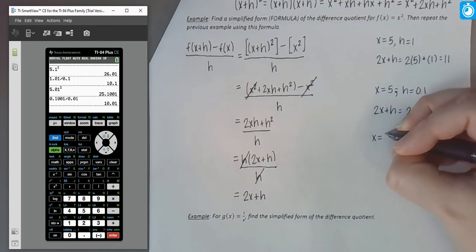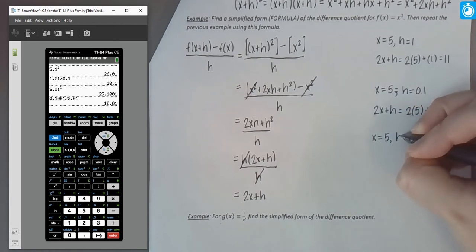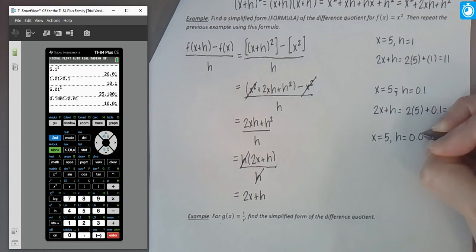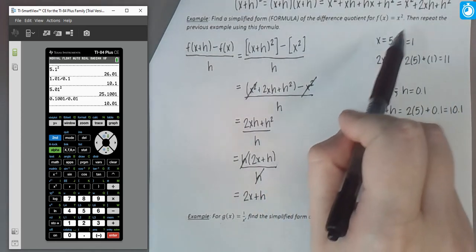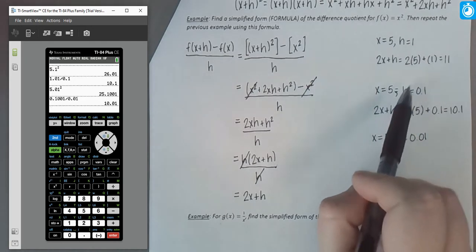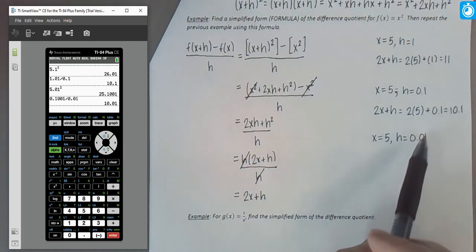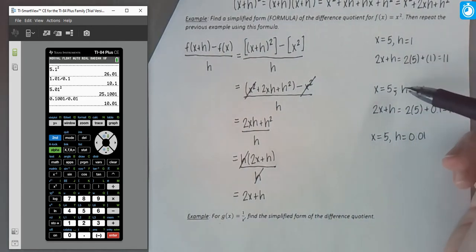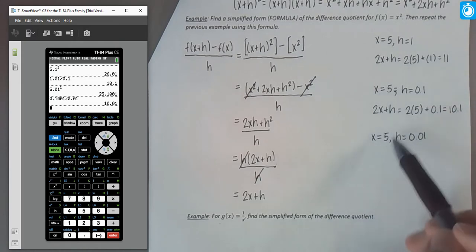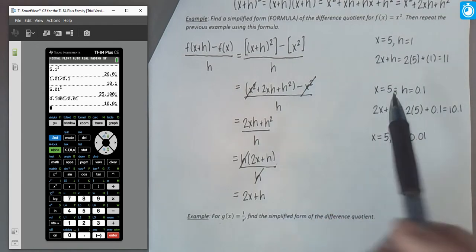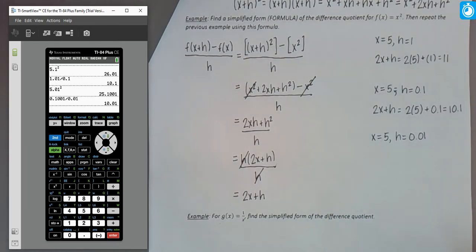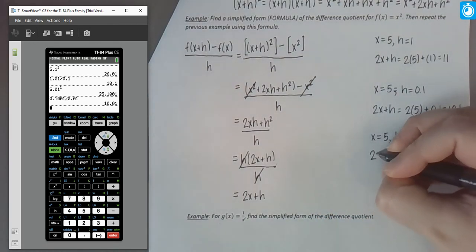And then the final pair was x is equal to 5, and then h is equal to 0.01. So again, the idea was traveling a distance of 1 unit, then traveling a little bit shorter distance, and then a little shorter distance still, so that gradually we're approaching this value of 5 using a value that's further out than 5, but grows increasingly close to that original value of 5.